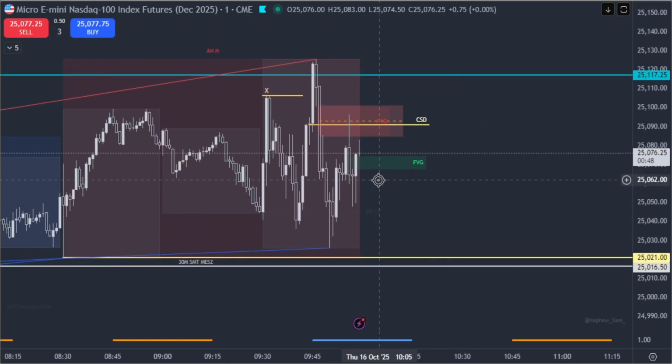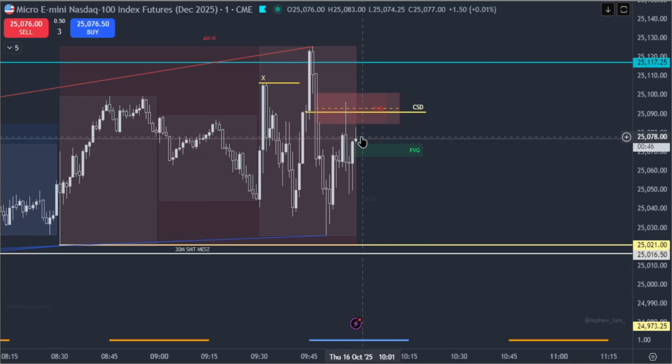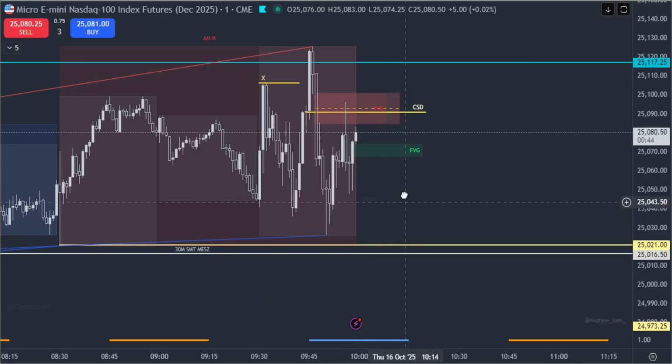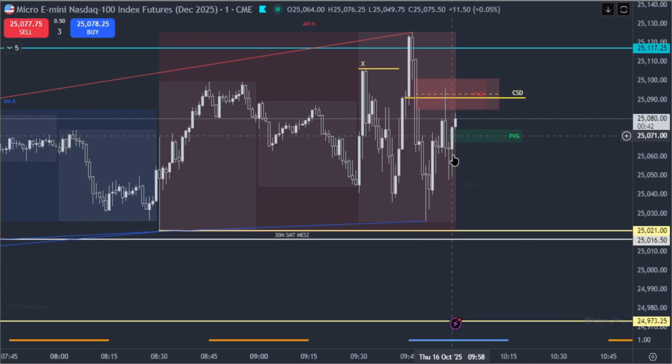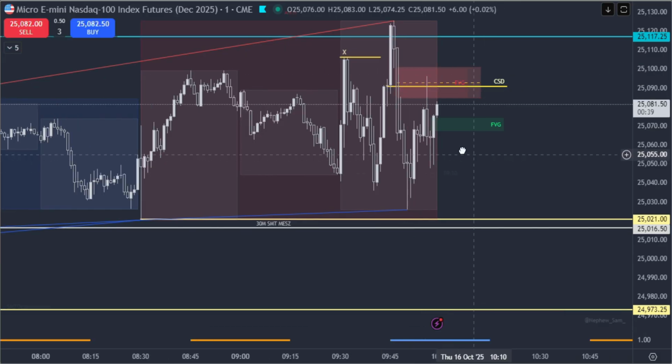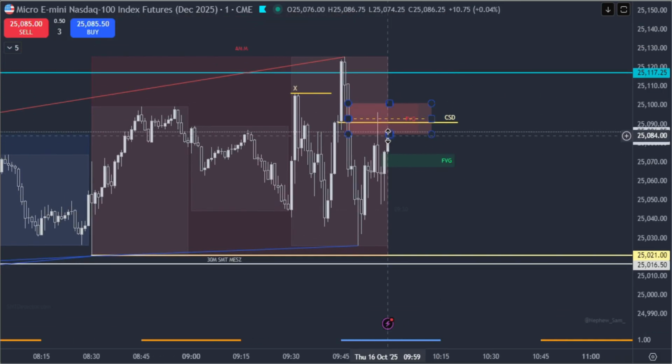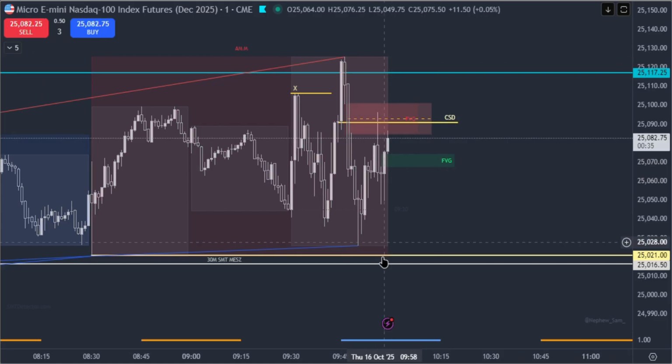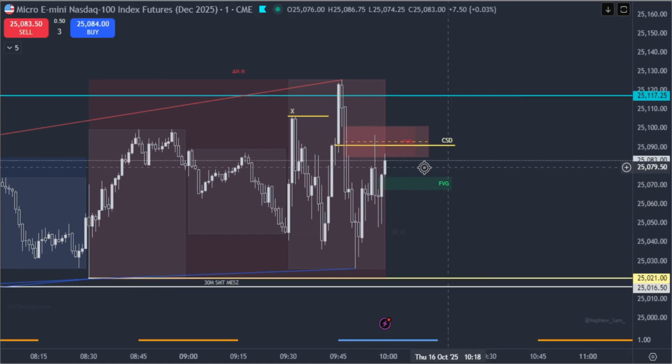I want to see how 10 o'clock opens, because if 10 o'clock just expands down here, then this was the move right here. So I want to see 10 o'clock manipulate, and then see we have a CSD.